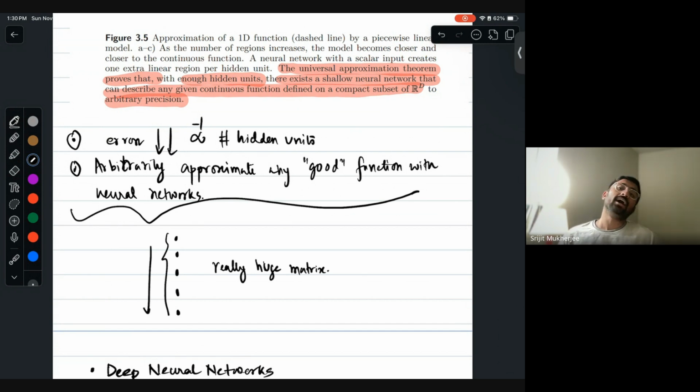That is hard to store. So the question is, this is the width. This is called the width.